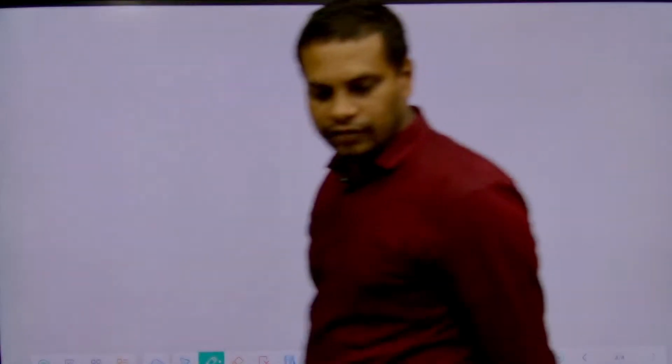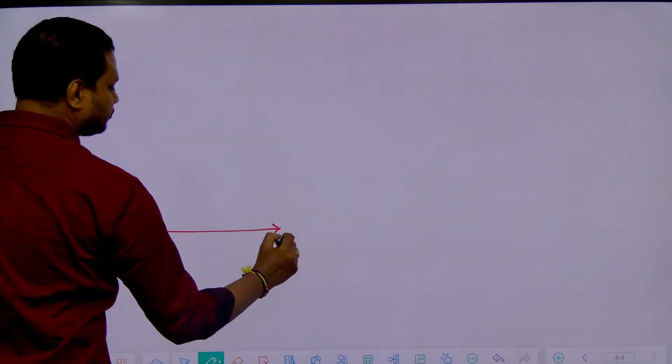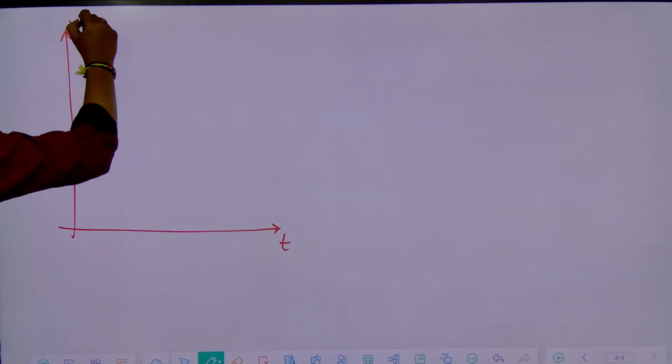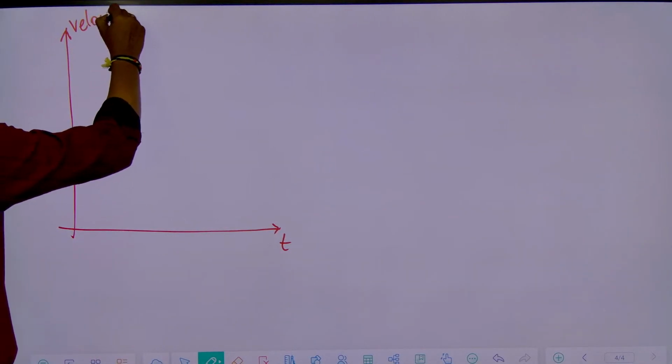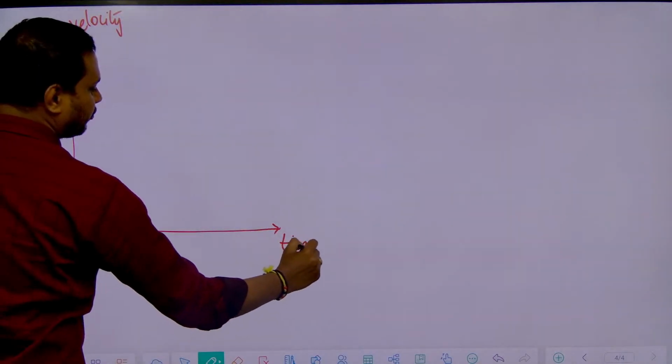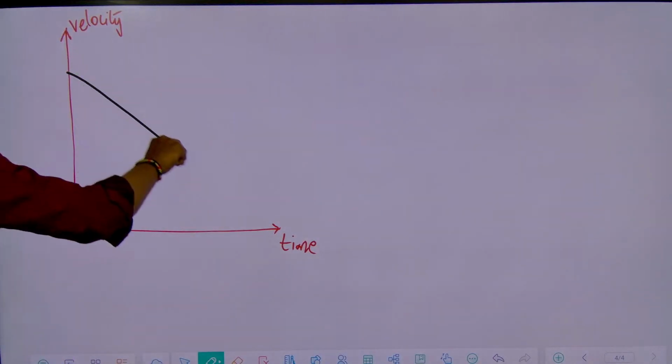There is one more graph given in your textbook. For suppose I'll take velocity on y-axis and time on x-axis, and draw the graph like this.